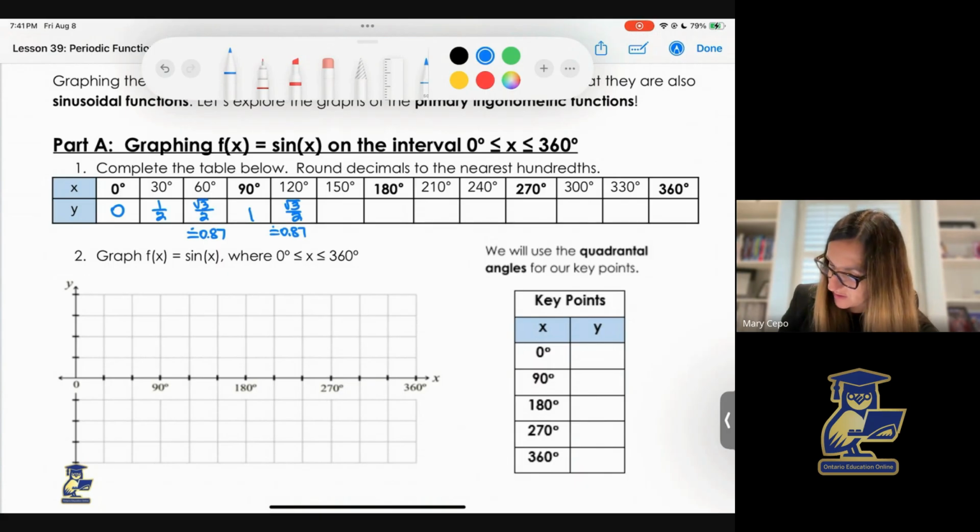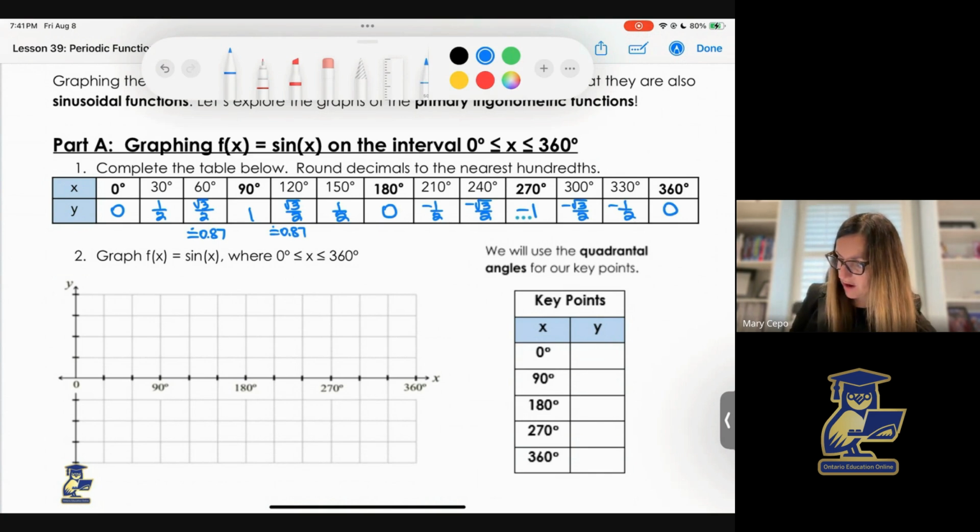Sine at 150 is 1/2 and then 0. Sine at 210 is negative 1/2. Sine 240 is negative root 3 over 2. Sine at 270 is negative 1. I'm going to get negative root 3 over 2, negative 1/2, and then 0.